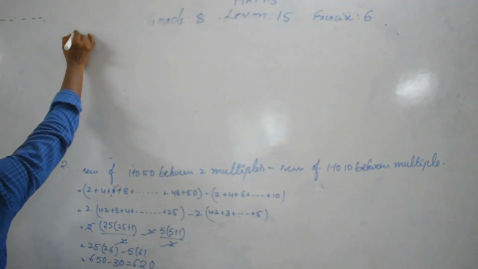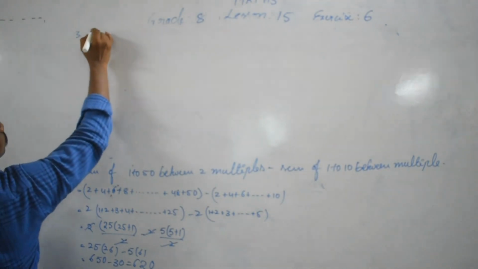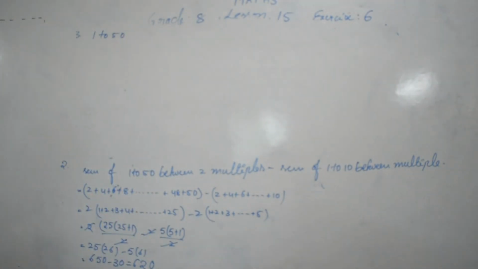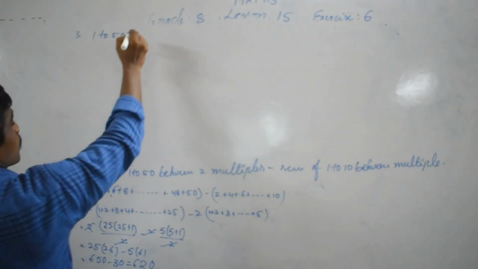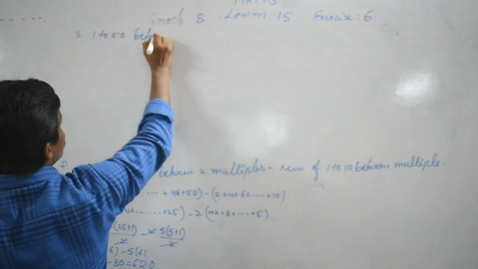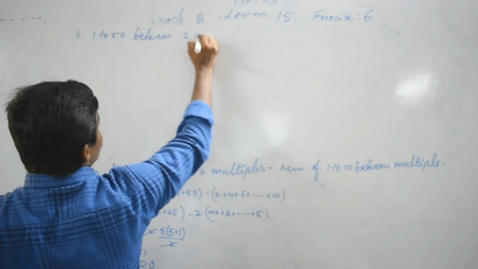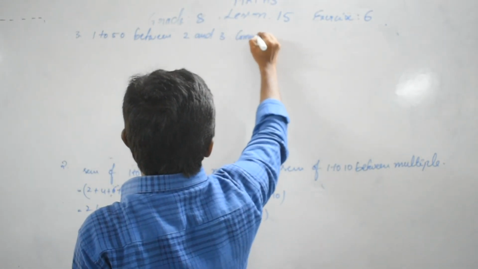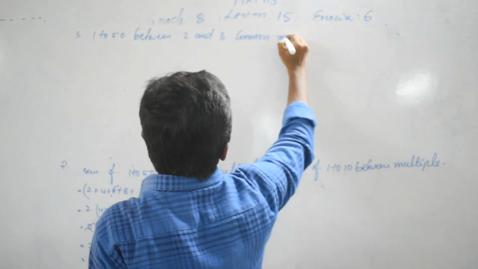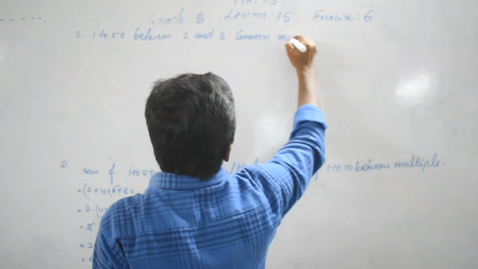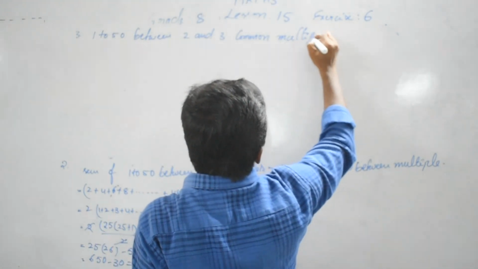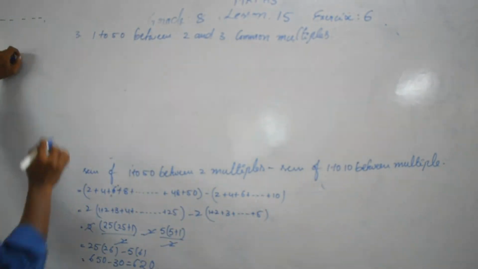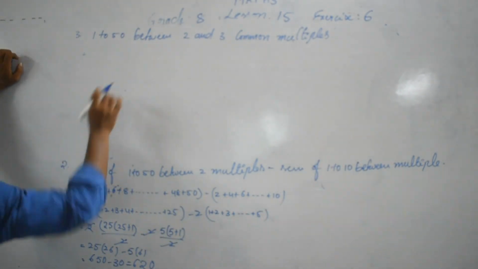Take the numbers from 1 to 50 and find the common multiples of 2 and 3. See, from 1 to 50, the common multiples of 2 and 3. What are they?